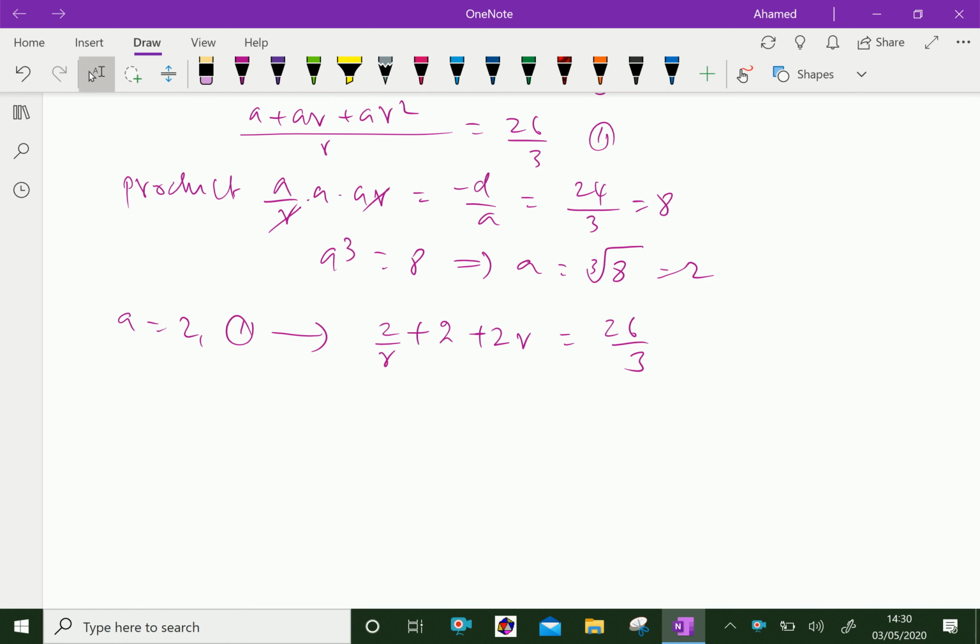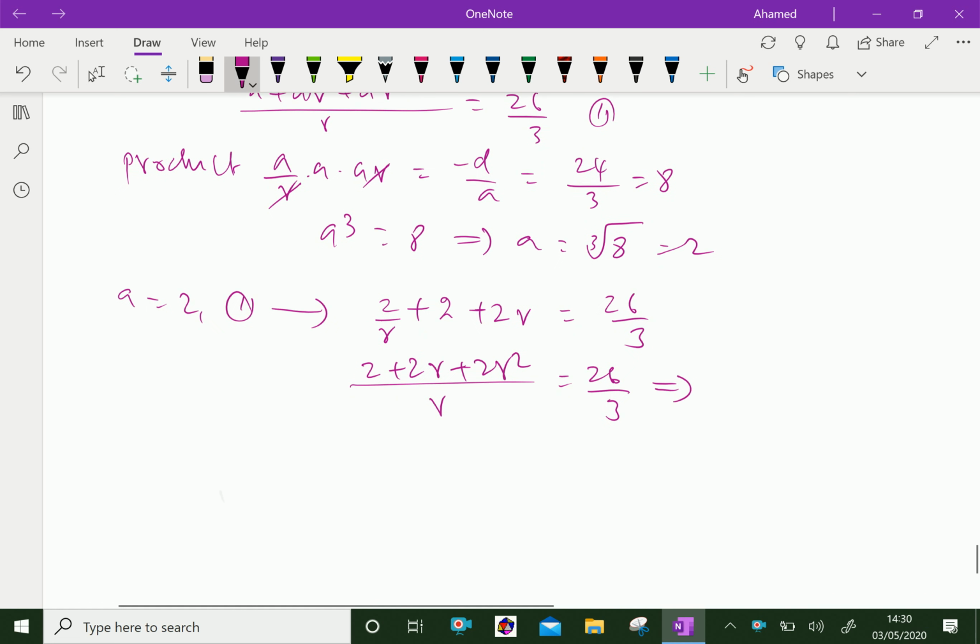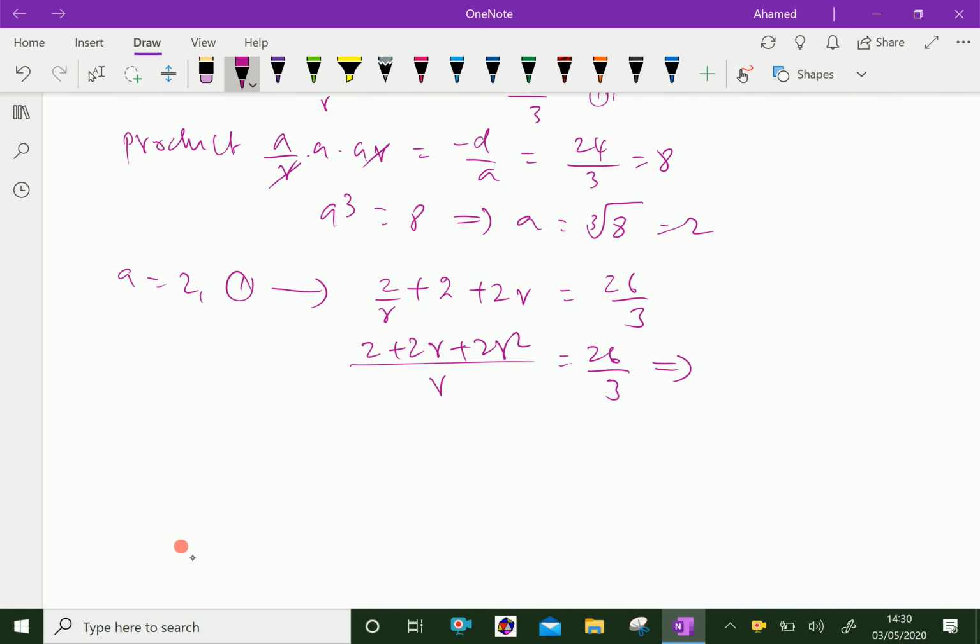Then taking r as common LCM, that is 2 plus 2r plus 2r square equal 26 by 3. By rearranging, we get the equation in terms of r as 3r squared minus 10r plus 3 equal 0.